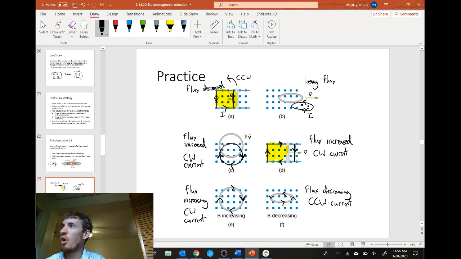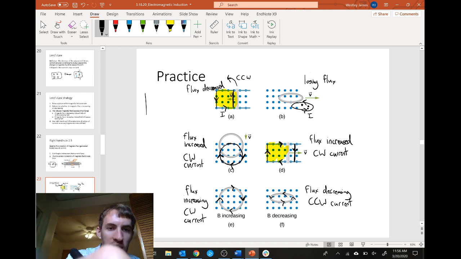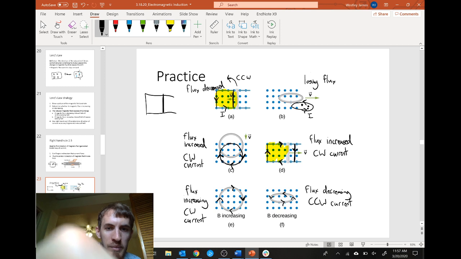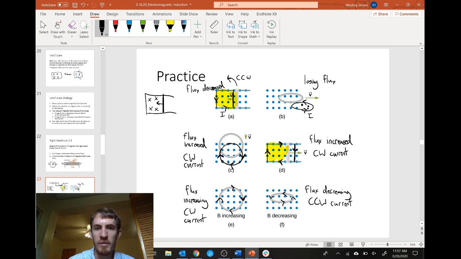So the question is, is it always going to be increasing as clockwise and decreasing as counterclockwise? It is not. If the magnetic field here were going in the opposite direction, so let's just pick a random one. Let's just pick A here. I just draw the picture here, I've got my rod and it's moving this way, but my magnetic field was now pointed into the board. As this moves to the left, at some point in time, it's going to be to the left.